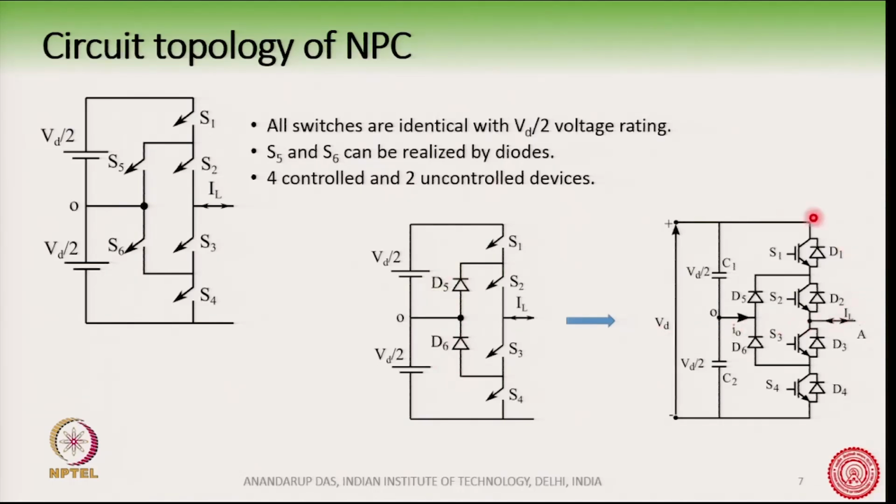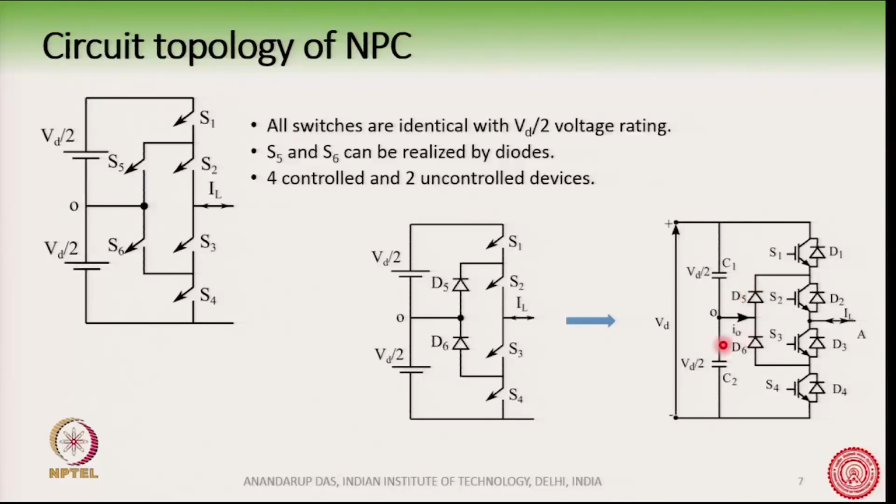So, the overall converter, the neutral point clamp converter, for one phase looks like this. You have 2 diodes like this, and you have 4 switches. The 4 switches all have a transistor with antiparallel diodes.